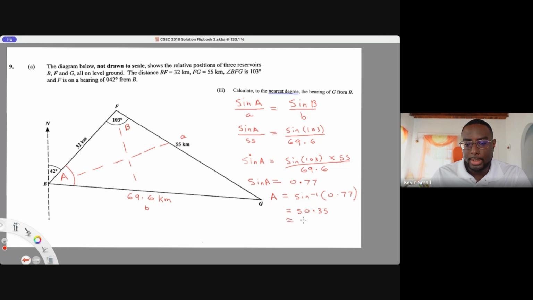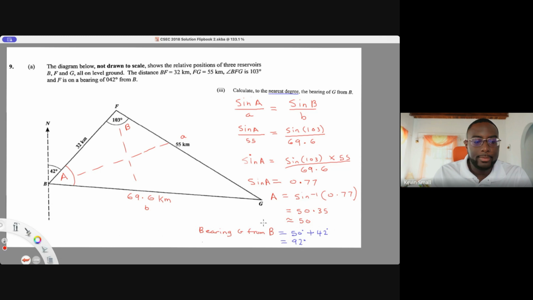Okay, because the total angle, or the bearing of G from B, will be that 50 plus the 42, which is equal to the 92 degrees as reported before. Okay, so there you have it.